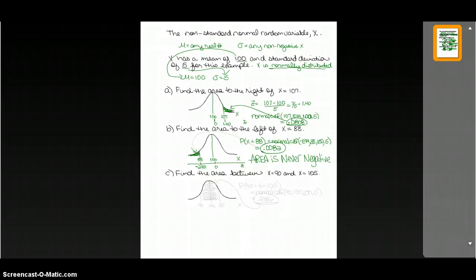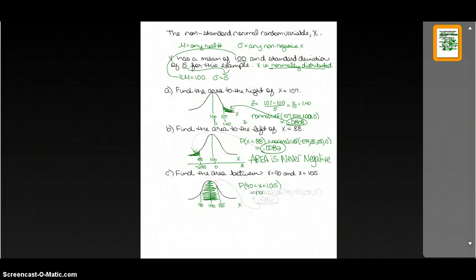Okay, last one. Find the area between these two values. Once again, mean in the middle. 90 is over here. 105 is over here. I may not have this to scale. I could get z-scores. There's no need to get that. Remember, this is the same as a probability.